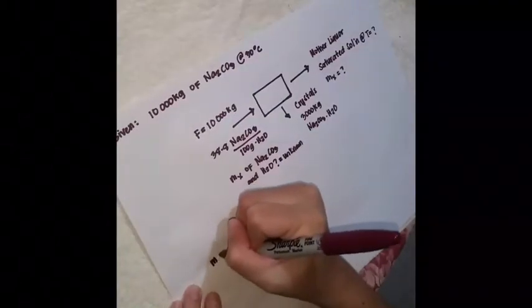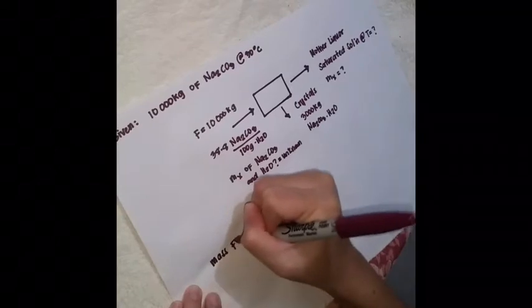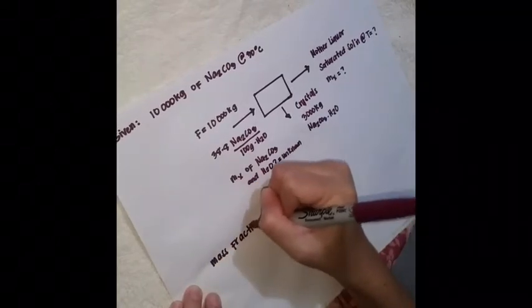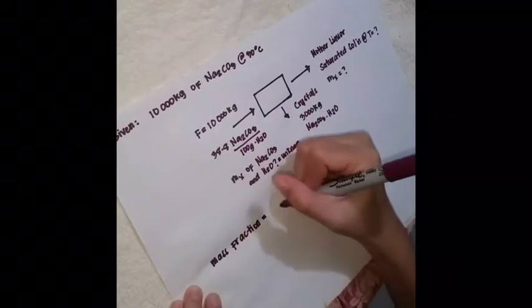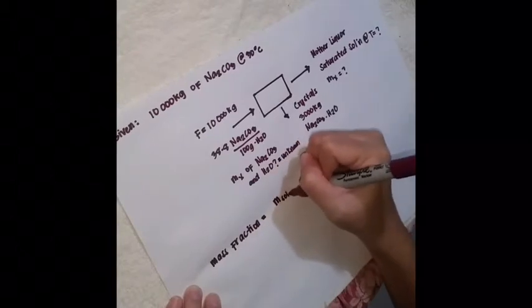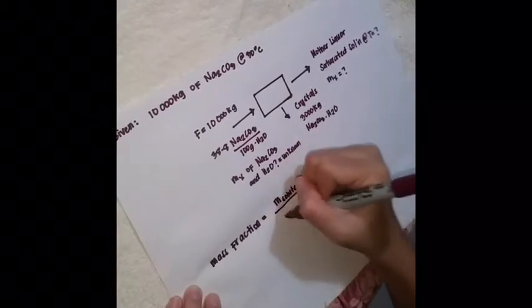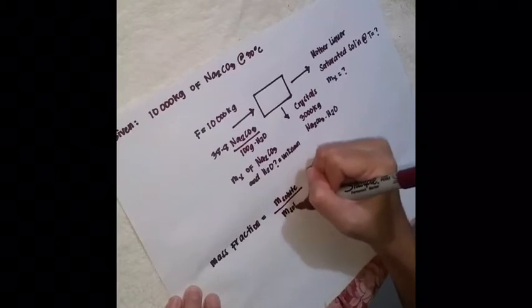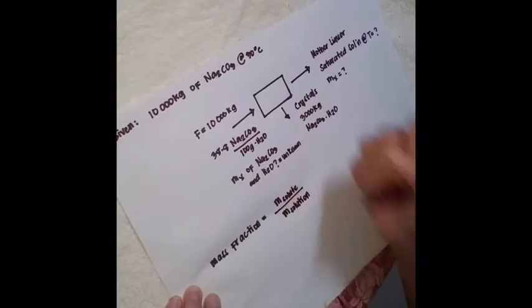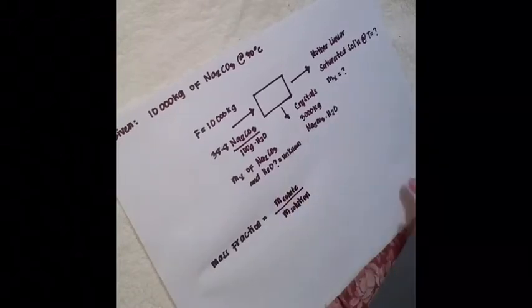So the first step in solving the problem is we get the mass fraction of the saturated solution at the feed. So the formula of mass fraction is mass of solute over mass of solution. So first, we must get the mass fraction of sodium carbonate at the feed.